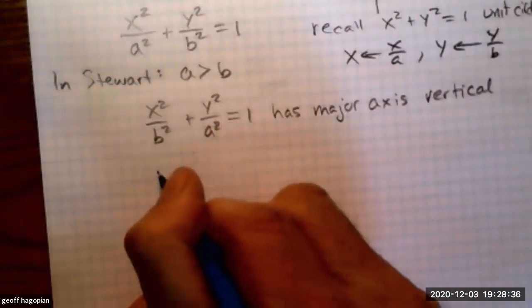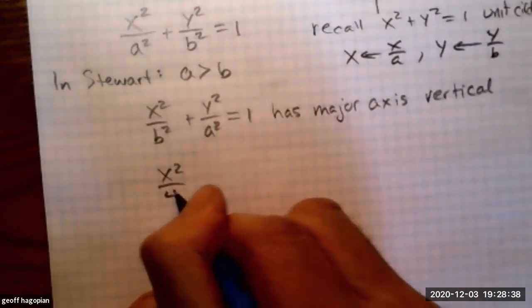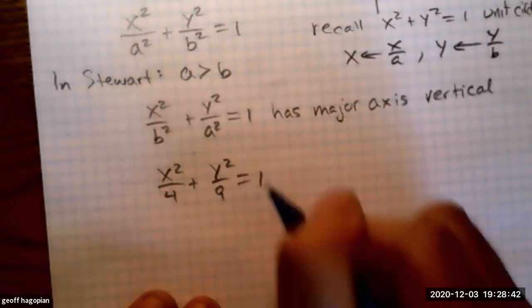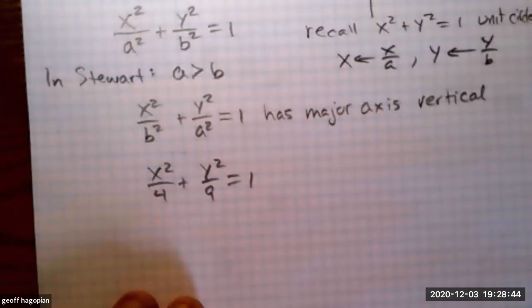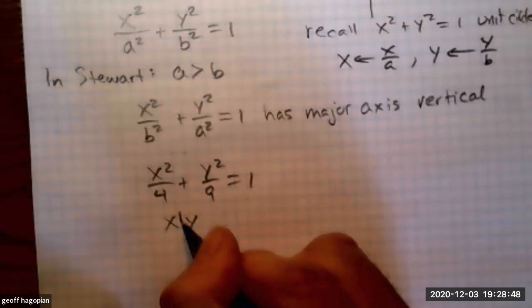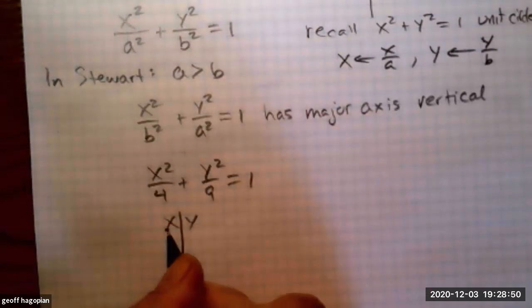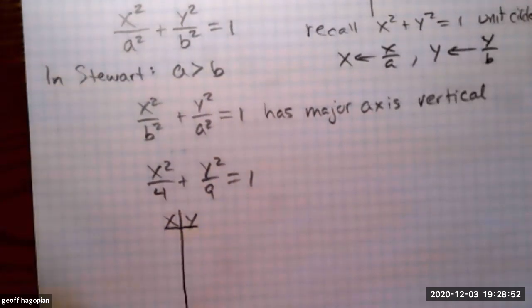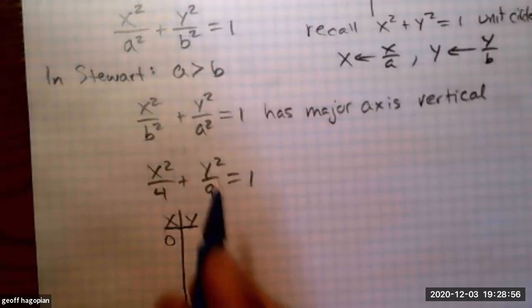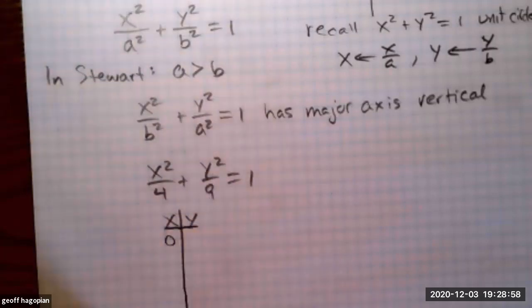So what does that look like? Let's say we have the equation x squared over 4 plus y squared over 9 equals 1. Then what are the intercepts? Let's make a table of values for this. If x equals 0, then you have y squared over 9 equals 1, and those are the y-intercepts.